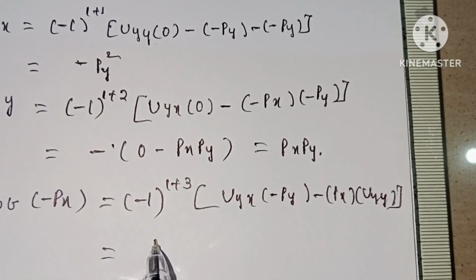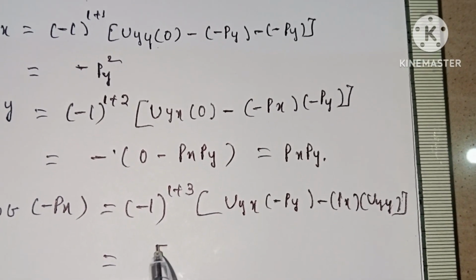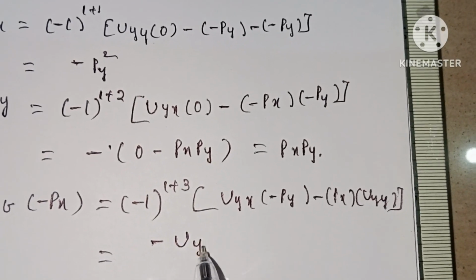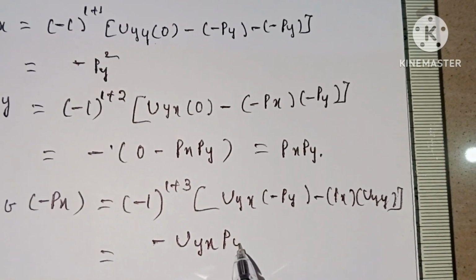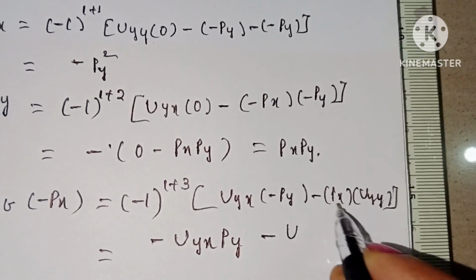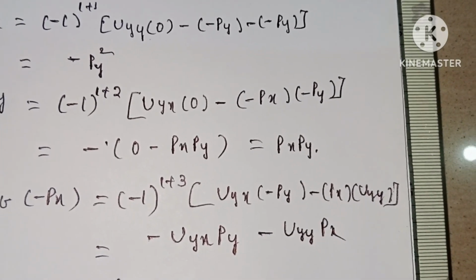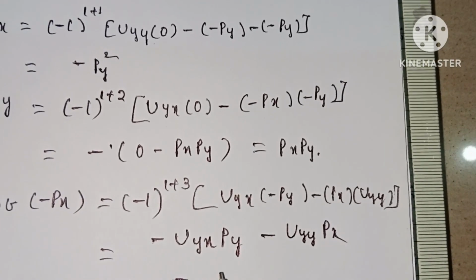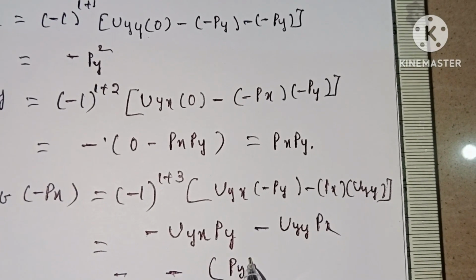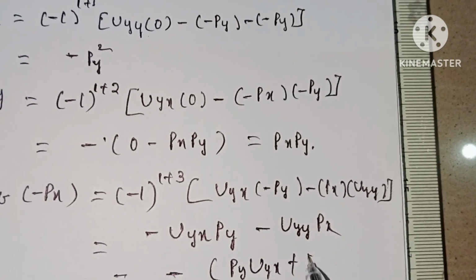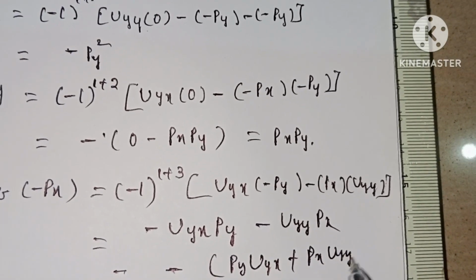So this equals minus uyx into py minus uyy px. Taking the minus common, this becomes minus py uyx plus px uyy.